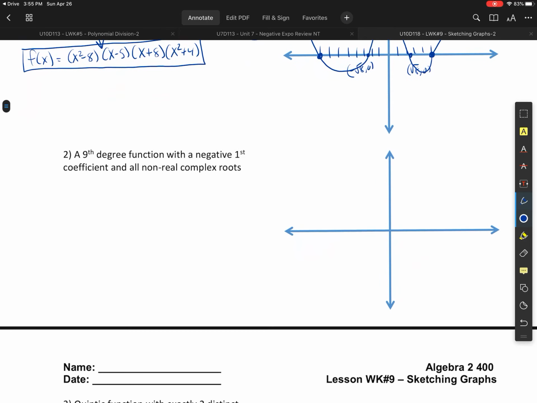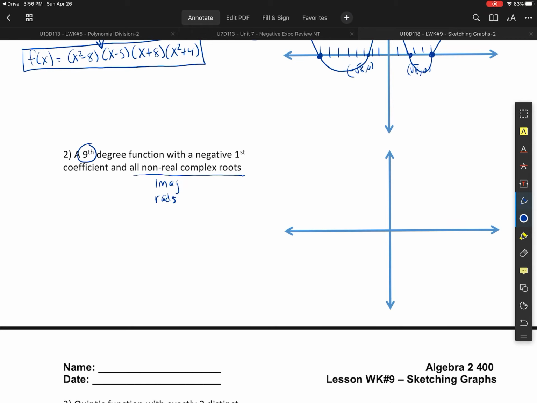Alright, there's problem 1. Problem 2, a 9th-degree function with a negative first coefficient and all non-real complex roots. All non-real complex roots. So what that is saying is we have imaginaries and we have rads.